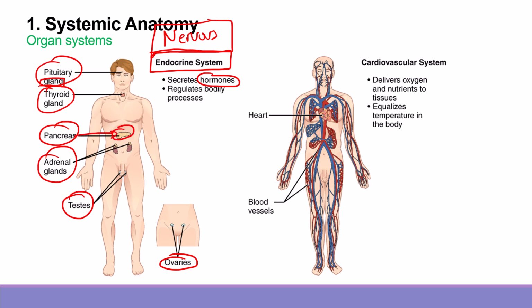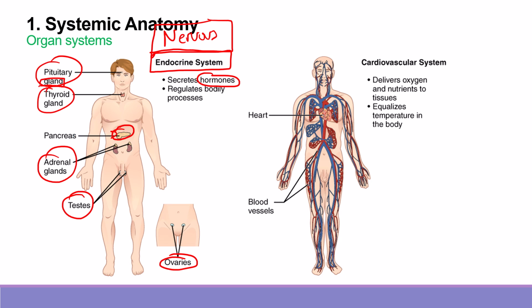Well, the pancreas is an organ that belongs to both. Why? Because the pancreas has a dual function. The pancreas is able to produce hormones that belong to the endocrine system, but at the same time, the pancreas is able to produce enzymes called pancreatic juices that belong to the digestive system, and those enzymes are the ones that are going to be important for the digestion process.